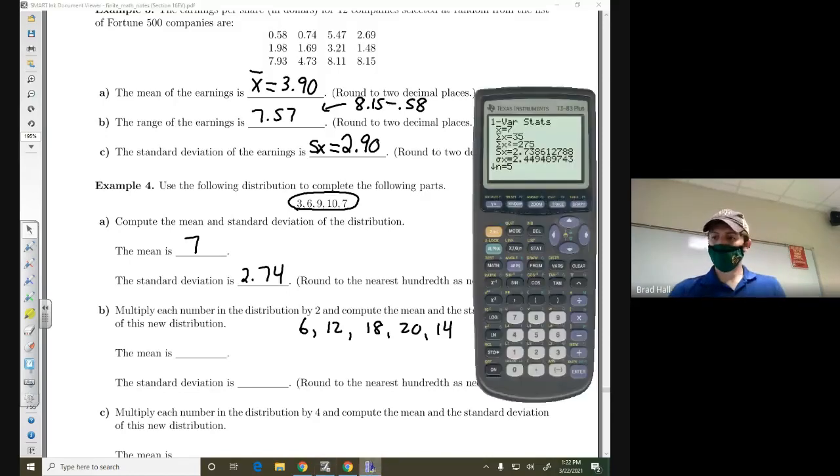Okay, so let's clear this out, go back to our data set, and then just put in the new values. We're basically saying just do this, but with the new data set.